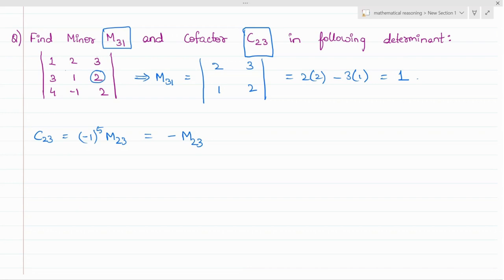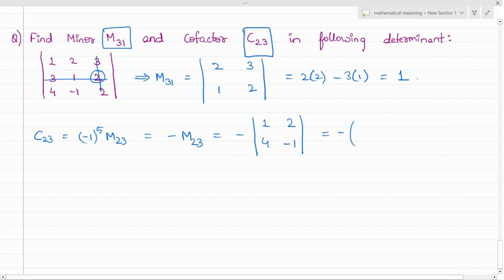Now we need to remove this corresponding column and corresponding row. So what are the elements left? 1, 2, 4, minus 1. Take its determinant. The negative is outside, okay? 1 into minus 1 is minus 1. Minus of 4 to the 8. So it is minus 9, which is plus 9. So C23 is 9 and M31 is 1.